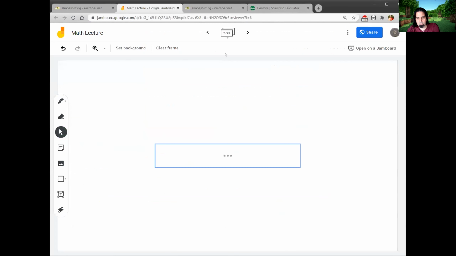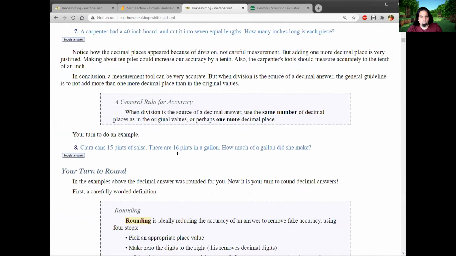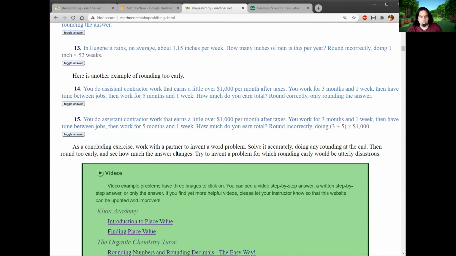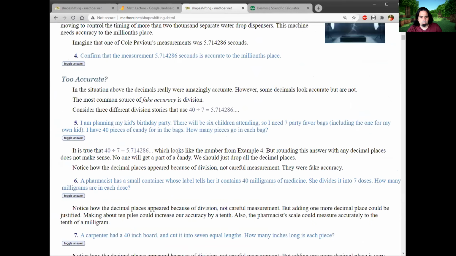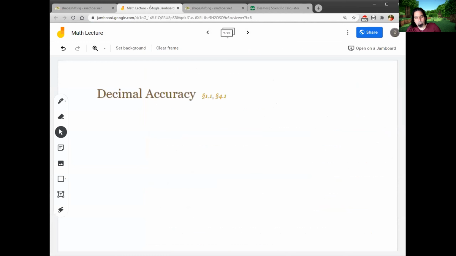Let me put those here. And then later we got to rounding. Where was rounding? I guess it was estimating, which we haven't done. So, what I was trying to say was these are your textbook sections.